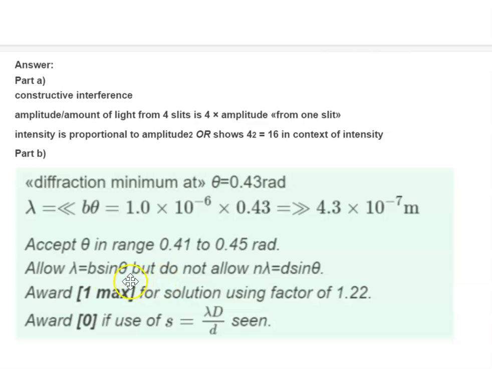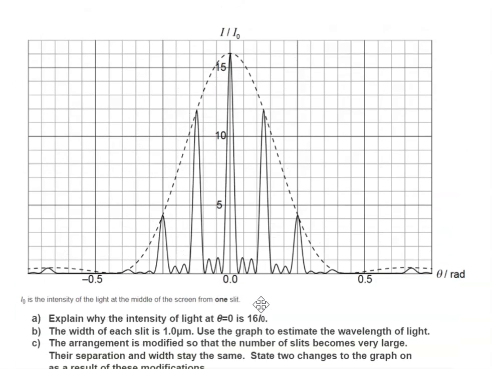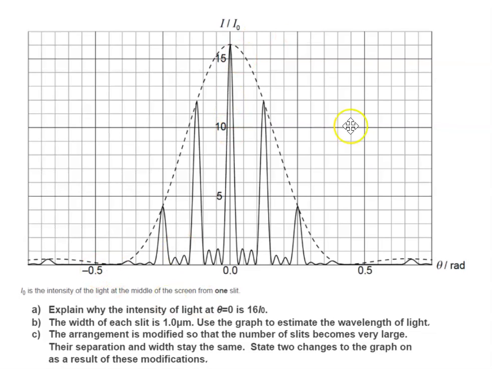They did allow it as long as you made it a B, but don't use that equation at all, or they take lots of points off. So it's very important that we keep clear the difference between the single slit envelope and these primary interference peaks that are D sine theta equals n lambda.